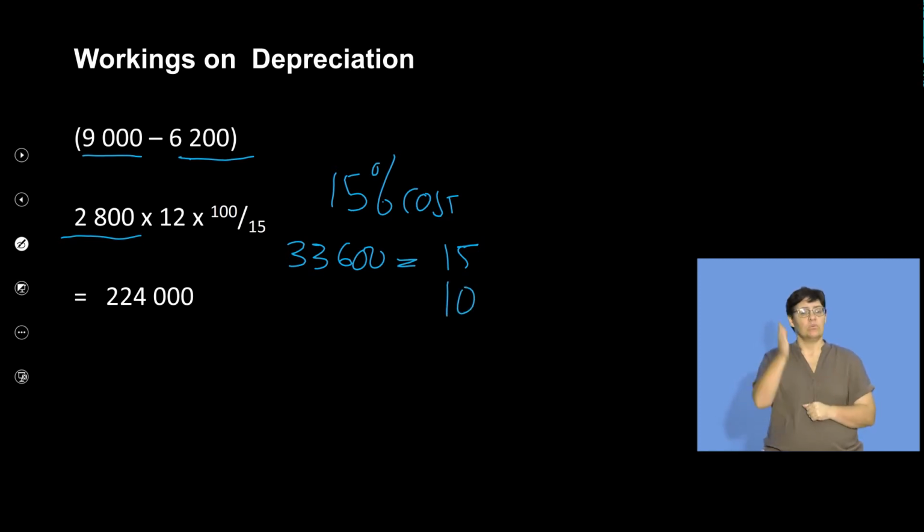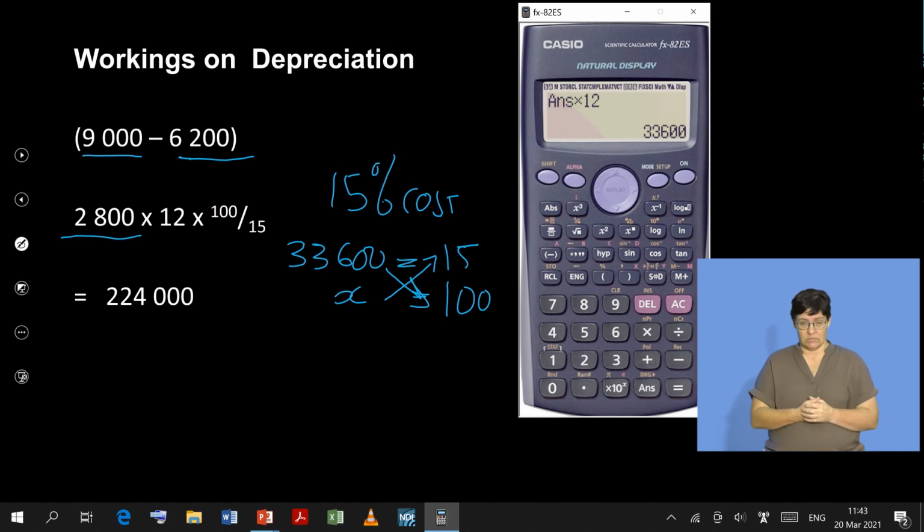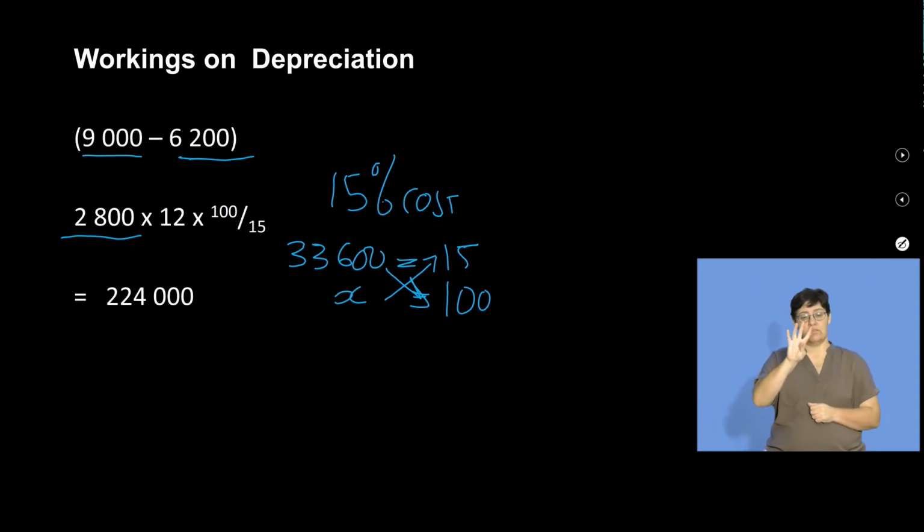You want to know what was the figure on which it was calculated. So here we go. 33,600 cross multiply times 100 divided by 15. Can you see? Let's do that calculation for you. It is 33,600 times 100 divided by 15, and that will give you a figure of 224,000. Now, what is the 224,000?